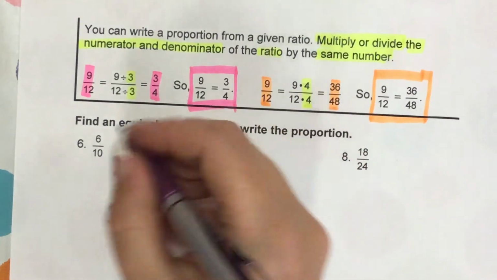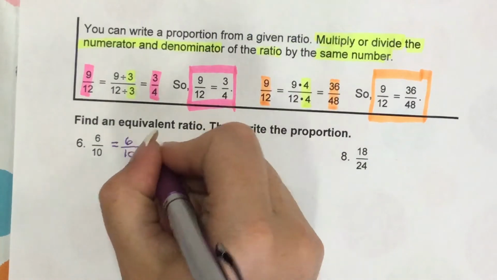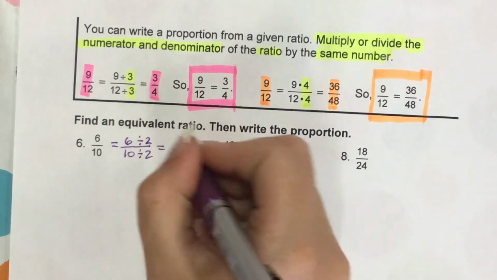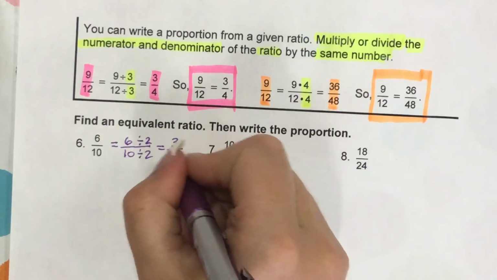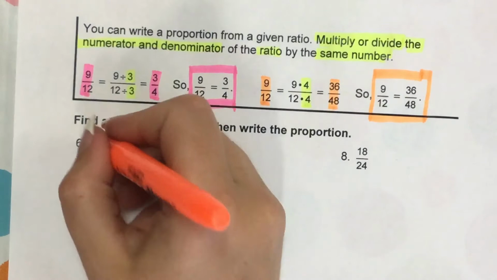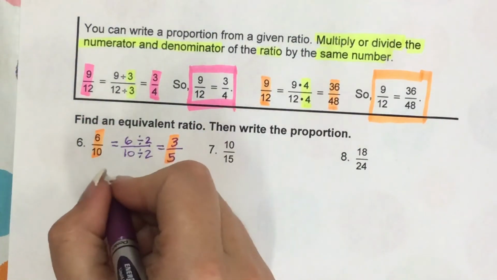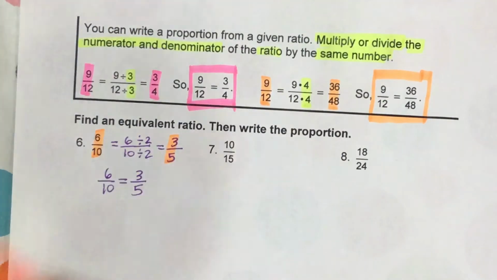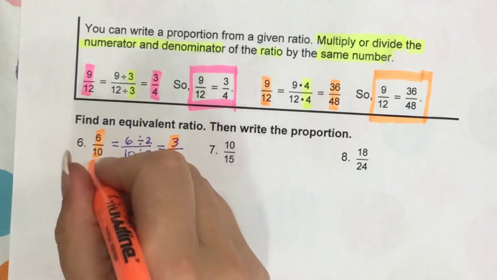So I can take 6/10, and that's the same thing as if I was to divide both the top and the bottom by 2. 6 divided by 2 is 3. 10 divided by 2 would be 5. So those are my two equivalent ratios. And if I wanted to write the proportion, I can just say 6/10 is equal to 3/5. And there is a proportion right there. Okay?